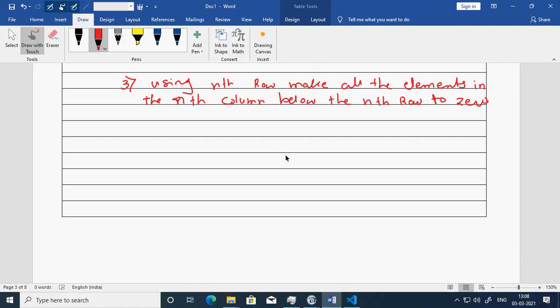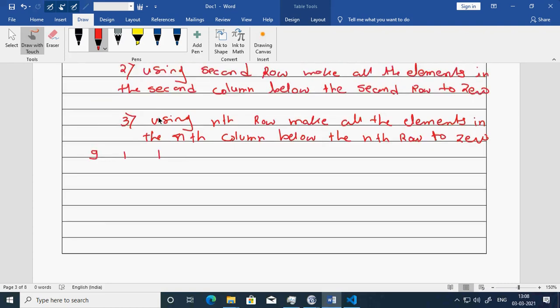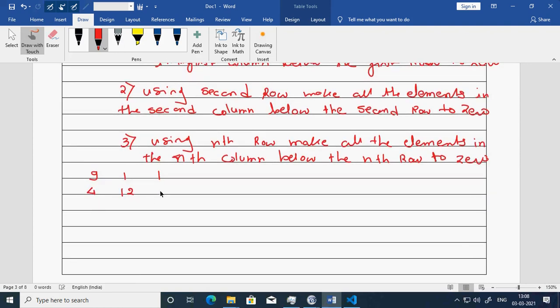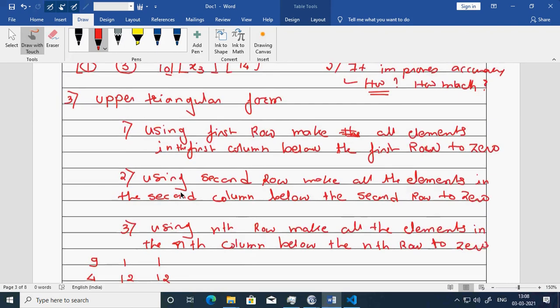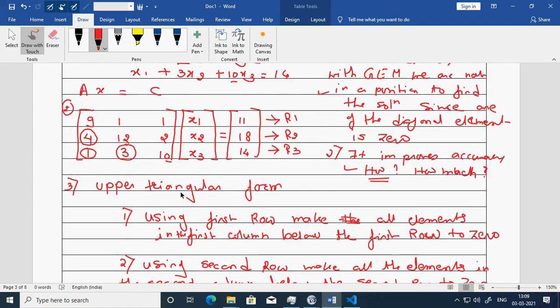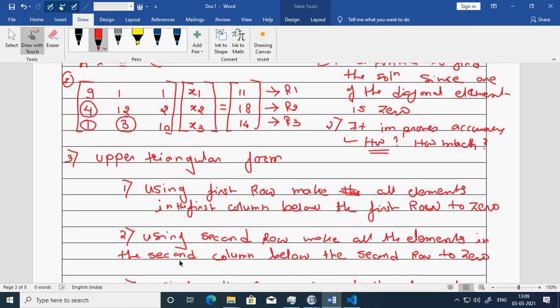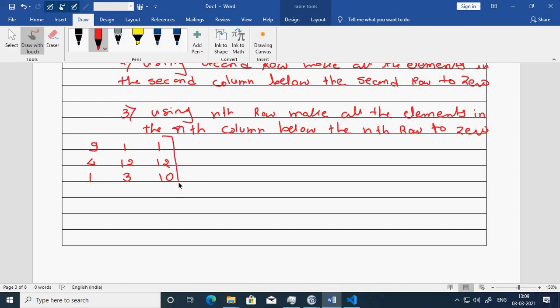Okay, I just rewrite it so that everything will be available on one screen. I write 9, 1, 1, then 4, 12, 2, and then 1, 3, 10, and x1, x2, x3, equal to 11, 18, and 14.